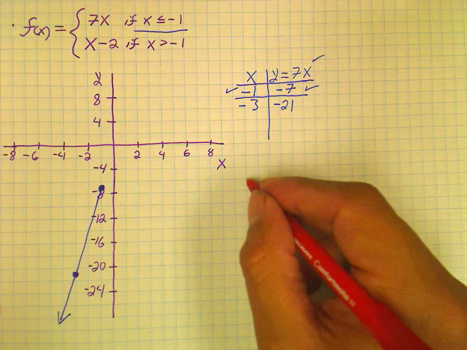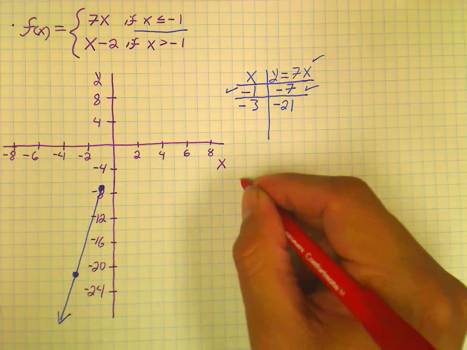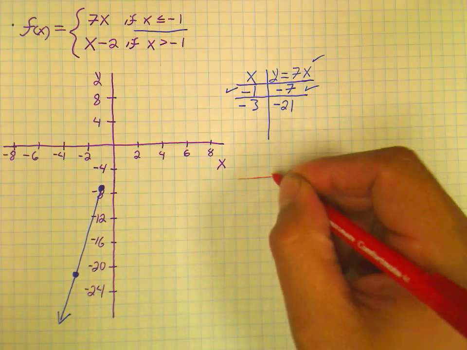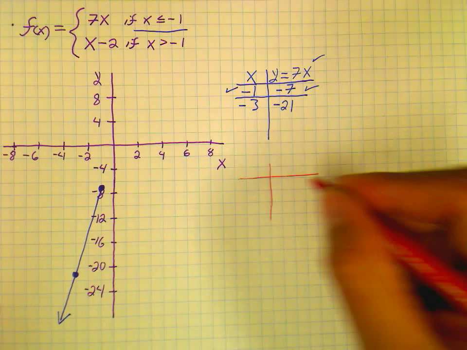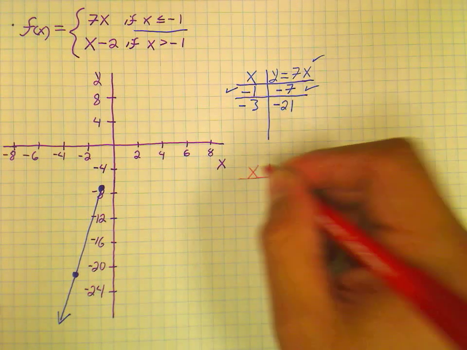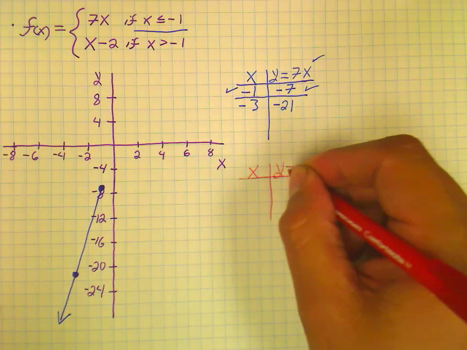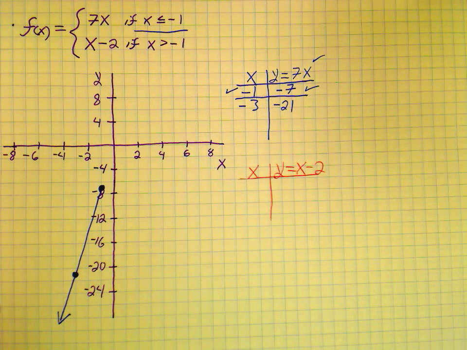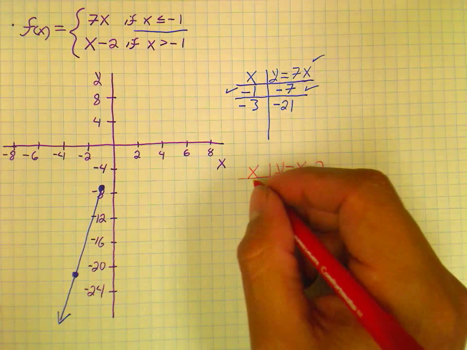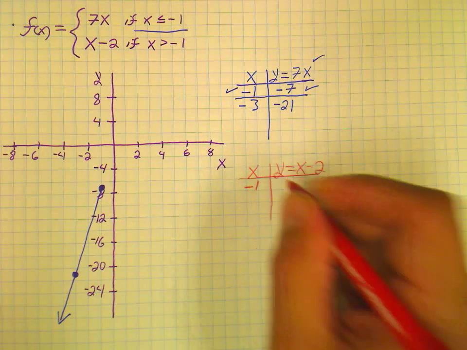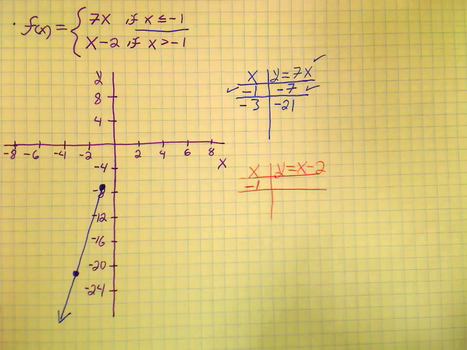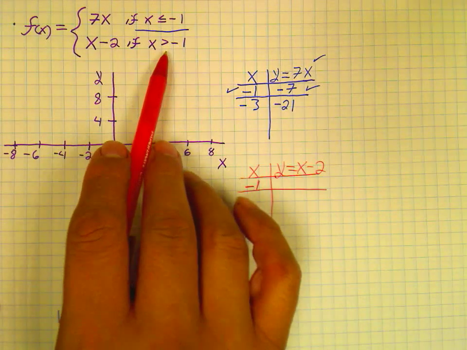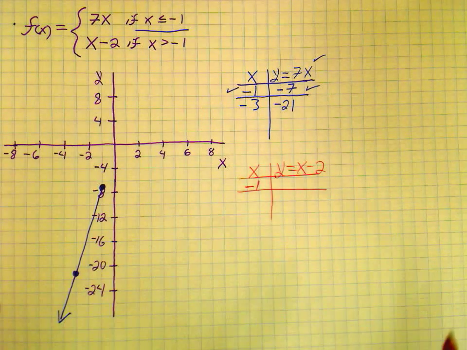The second piece, same idea, but in this case, my y equals x minus 2. Now, I'm actually going to start it at negative 1, even though I cannot actually have a negative 1 on this piece.